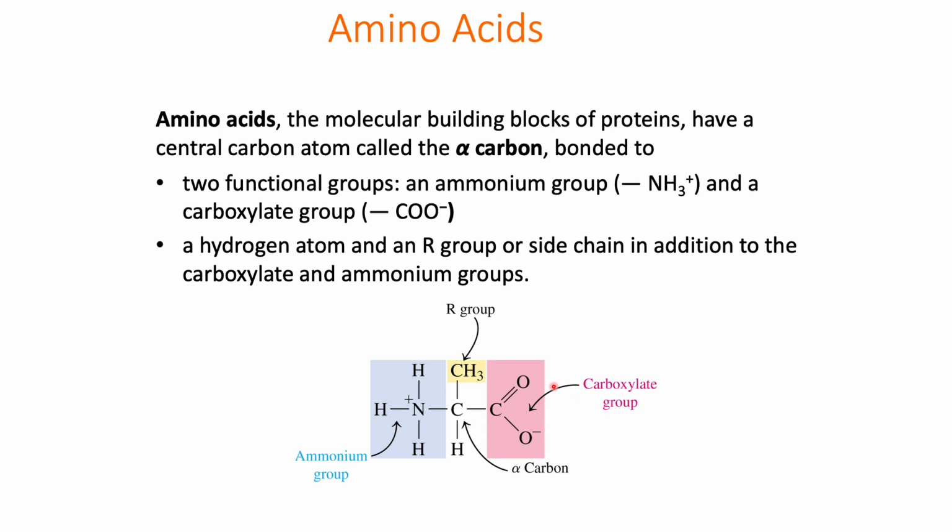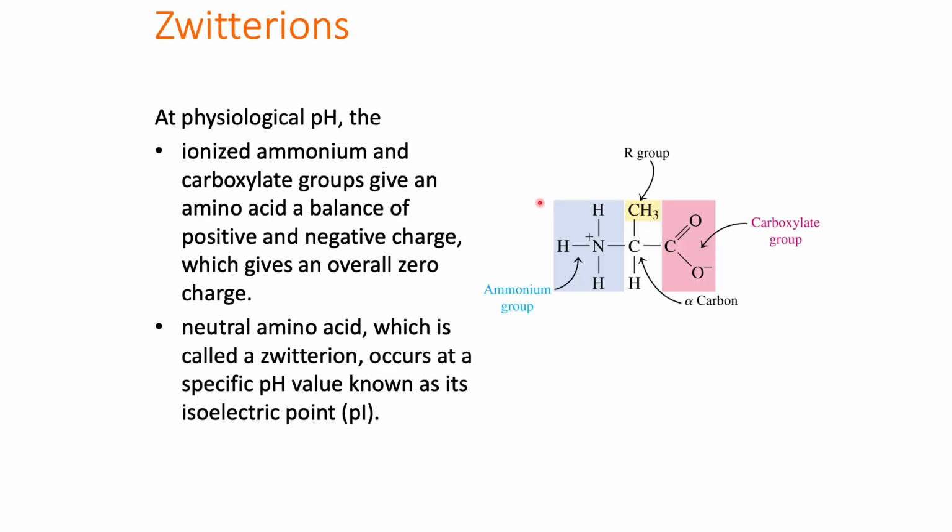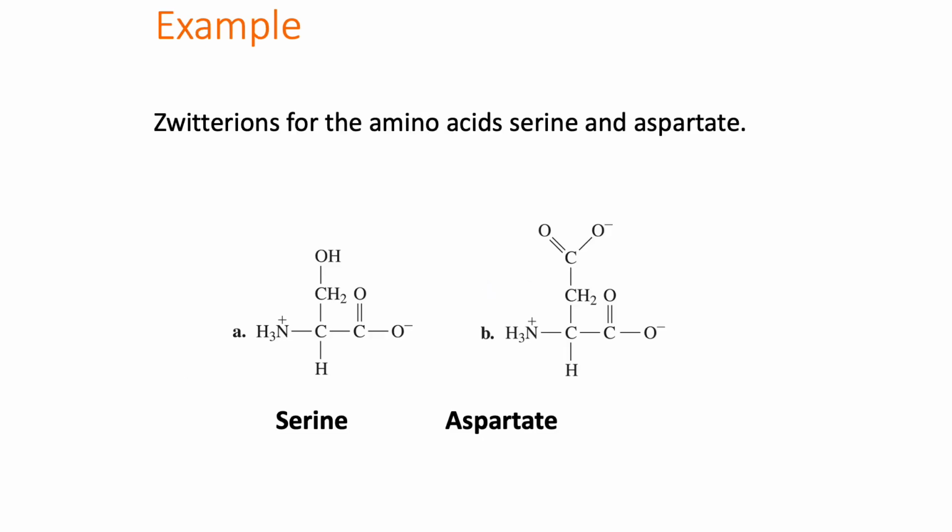So it has a hydrogen atom and a side chain group called R. So the charged ammonium and carboxyl groups cancel out in charge and make the amino acid neutral. This neutral amino acid is called a zwitterion, and the pH at which it occurs is called its isoelectric point. So here's an example of the structure of zwitterions of amino acids like serine and aspartate.